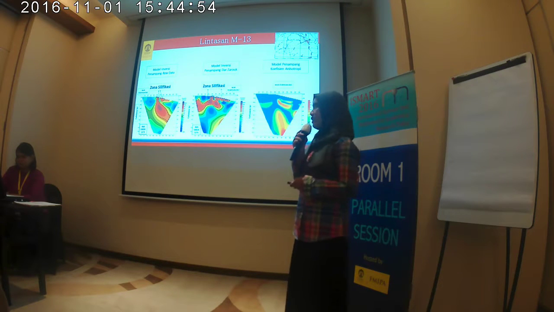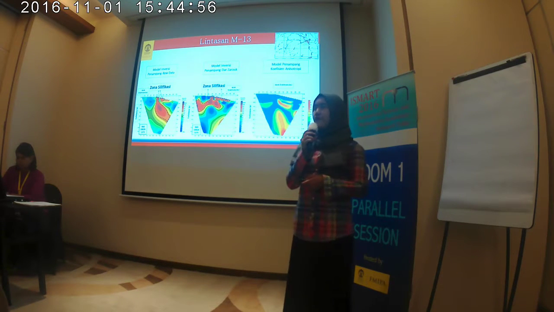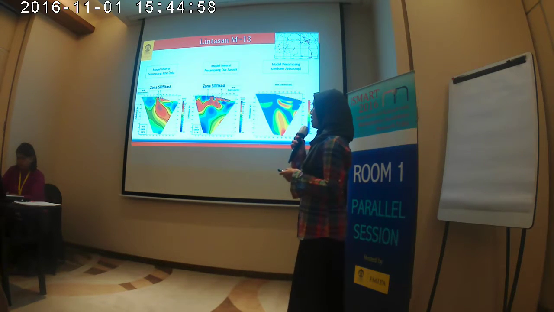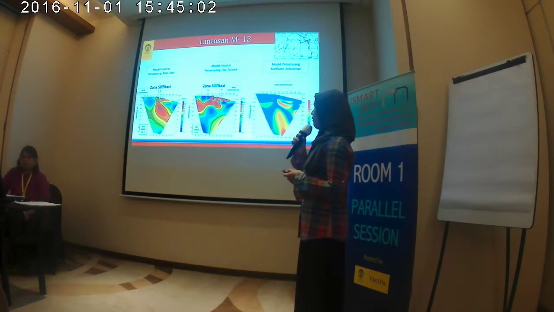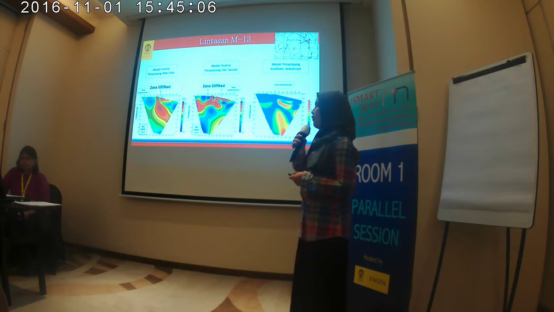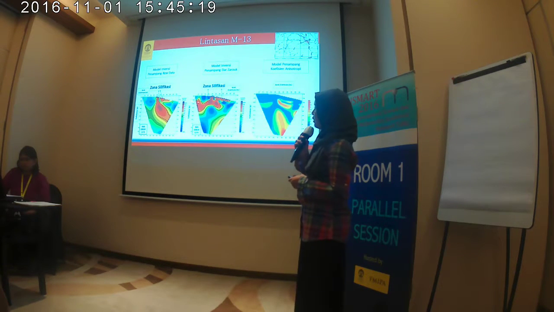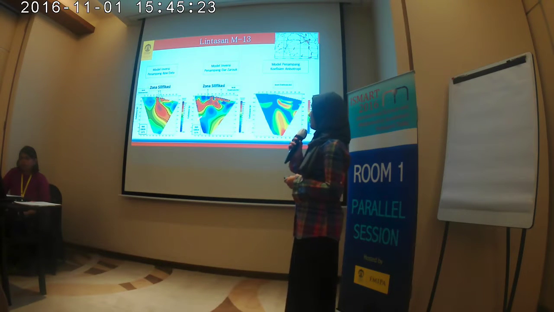This research will compare two inversion model data: the first from raw data and the second from the Dar-Zarouk parameter. From raw data, the silicification zone is indicated at distance 100 until 170, near the surface until a depth of about 100 meters.